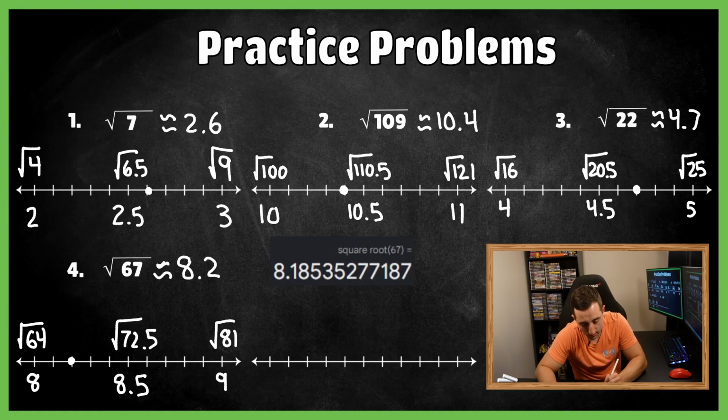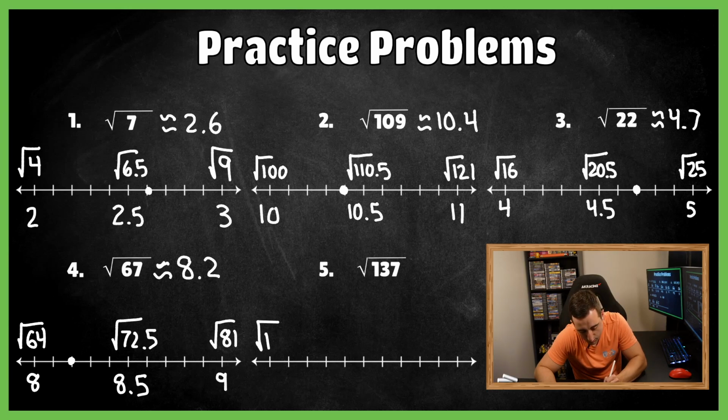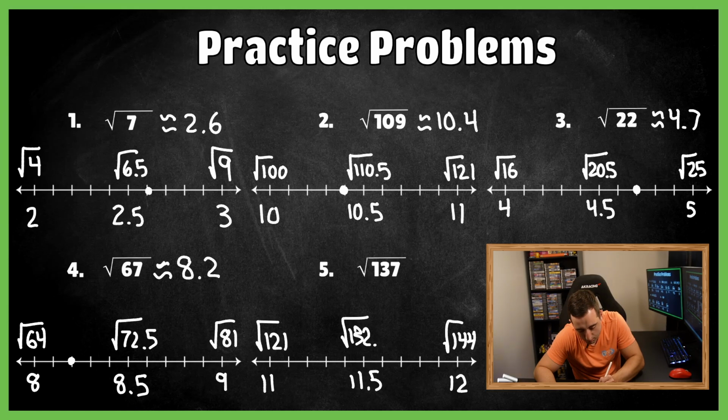And then our very last one, the non-perfect square root of 137, is between the perfect squares of 121, which is 11, and 144, which is going to be 12. And then we want to find what 11.5 is, which is going to be the square root of 132.5.